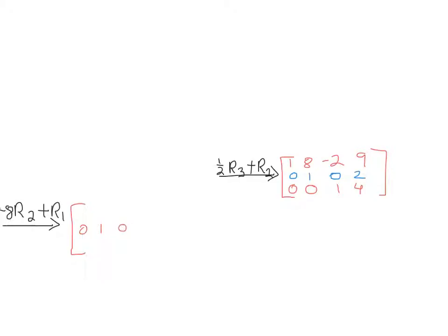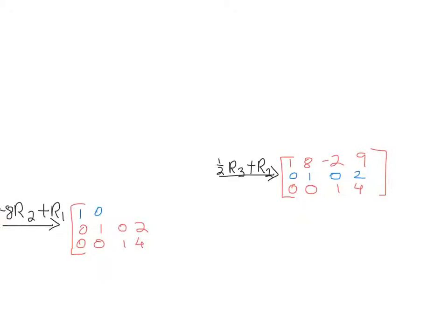0, 1, 0, 2, 0, 0, 1, and 4. So negative 8 times 0 is 0 plus 1. That's 1. Negative 8 times 1 plus 8. So negative 8 times 1 is negative 8 plus 8, 0.